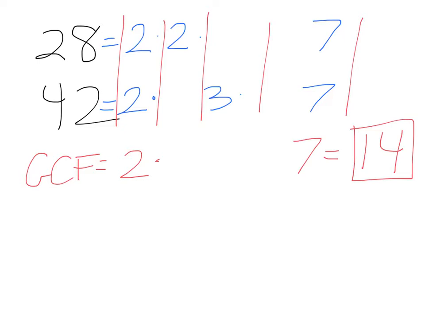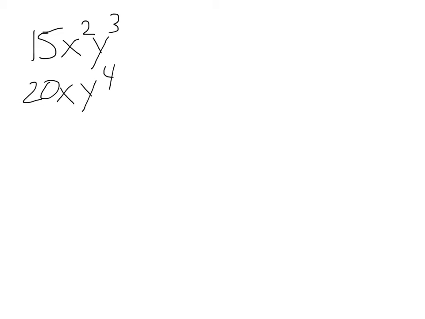Good. Now, why is this method better than any other method that's out there? Why would I even show you this method? Well, when we get to algebra level, you start getting numbers like this: 15x squared y cubed and 20x y to the fourth.